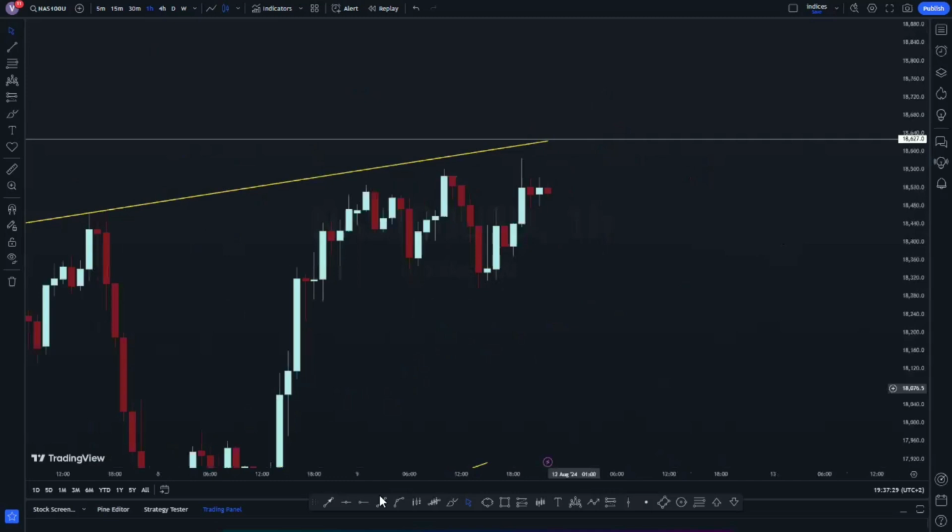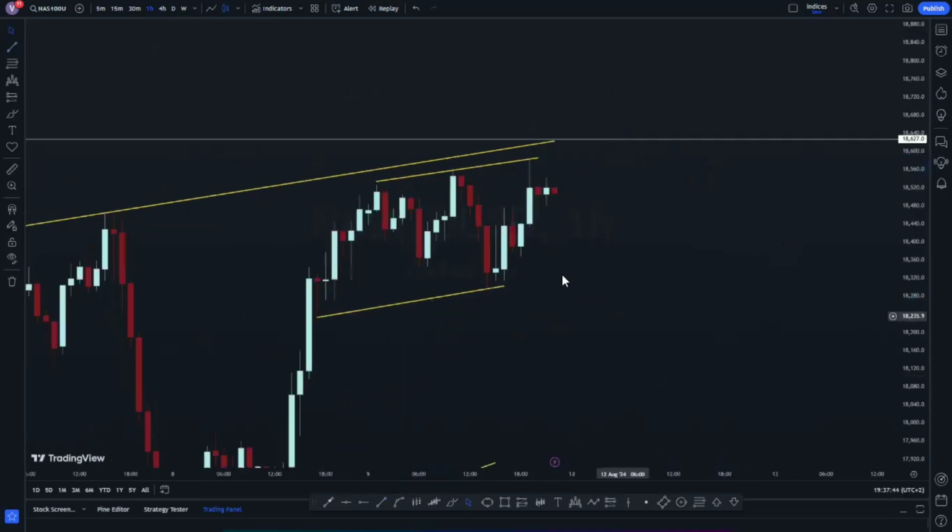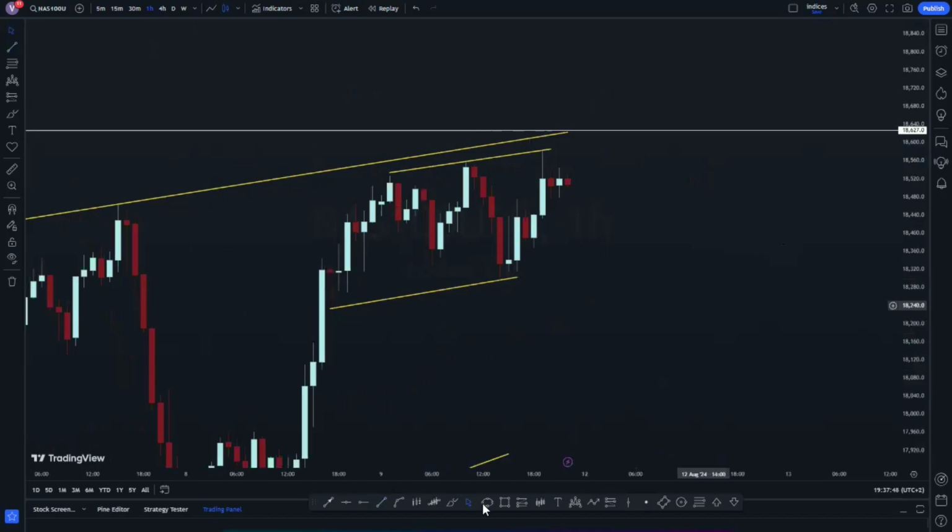You can see that we have another structure or a pattern here. The 1, 2, 3. Something like this. So we are done on this one. Let's go to the 15 minutes.